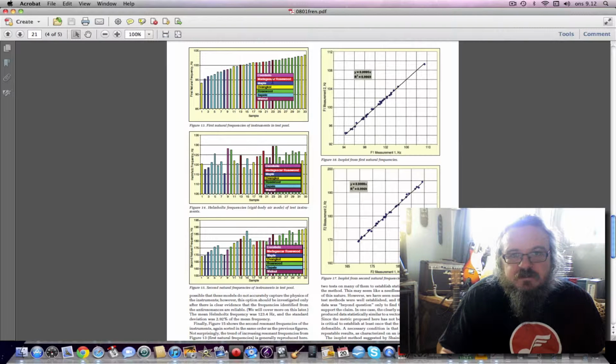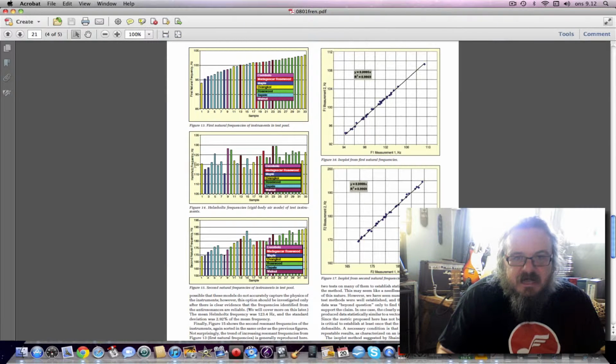Madagascar Rosewood is in red, and they had two of those guitars, sample 18 and sample 20, and they had a first natural frequency response of about 101 hertz, and about 102 hertz.